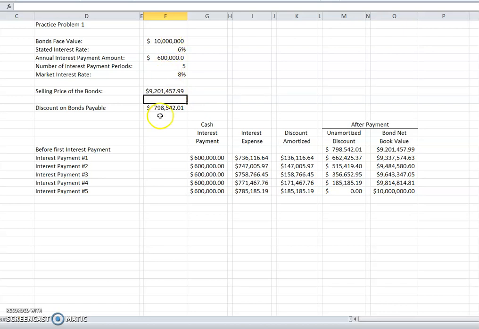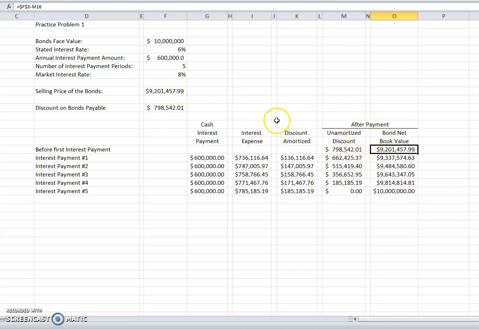So we can subtract and get the discount amount. And so here at the time we sell the bonds, before we make the first interest payment, our unamortized discount is this amount, and the net present value of the bonds would be the face amount minus the unamortized discount, or right there, which is the same as this.